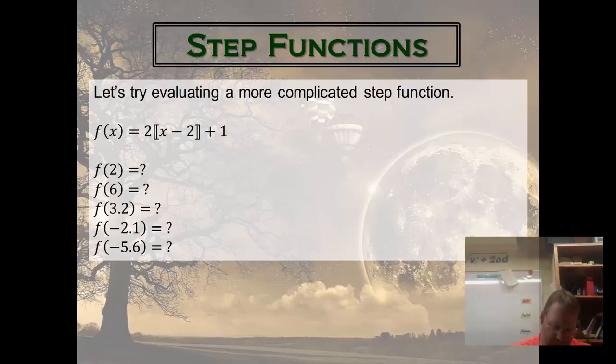So what I'm asking you to calculate is f of 2, f of 6, f of 3.2, f of negative 2.1, f of negative 5.6. I want you to pause the video and give those a try and see how you did after you're done. Pause it now.